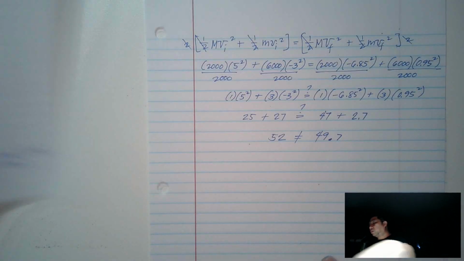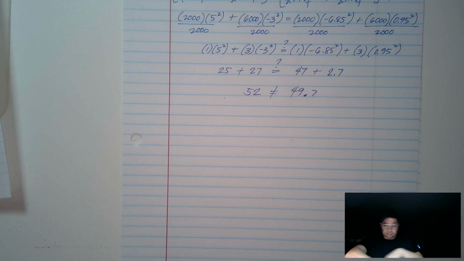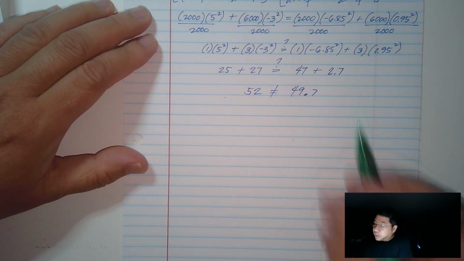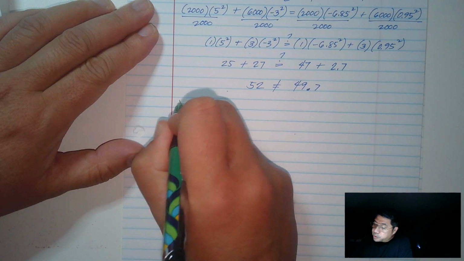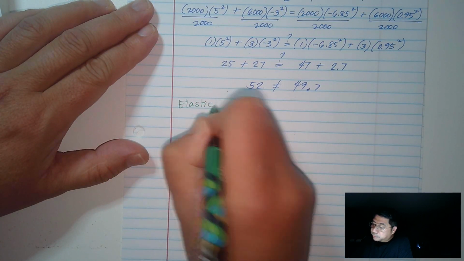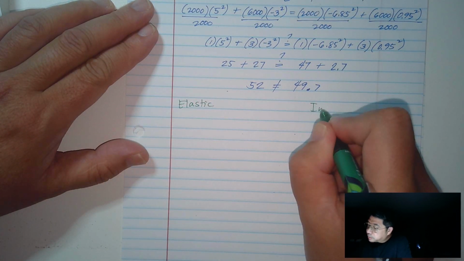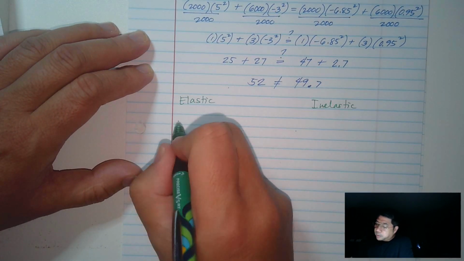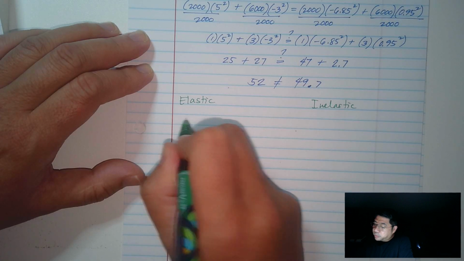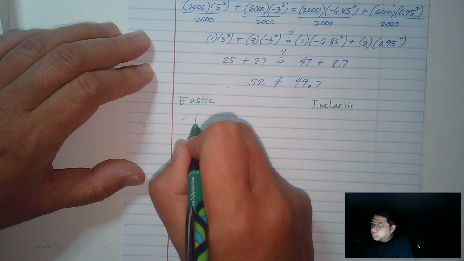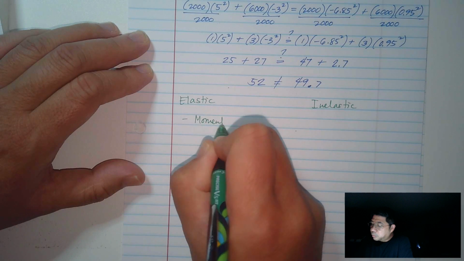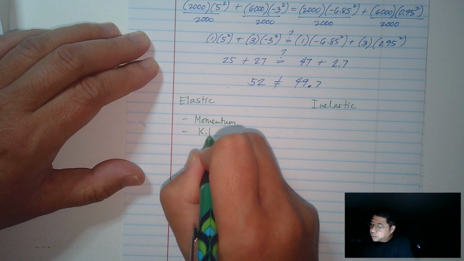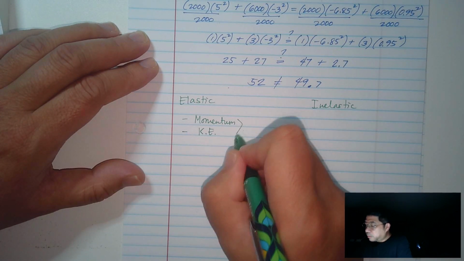So now how do we know which one is which? Let's use a different pen. Elastic. When we say a collision is elastic, momentum and kinetic energy, both of them are conserved.